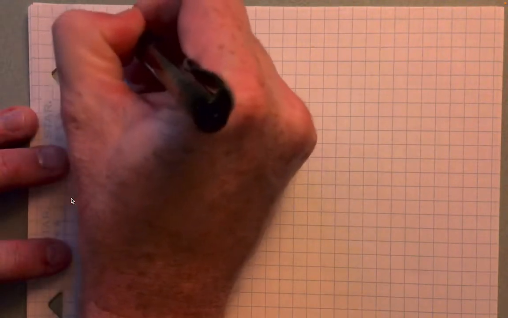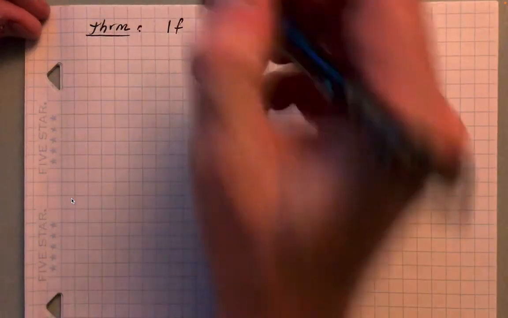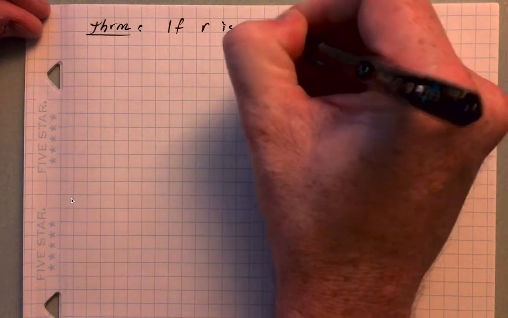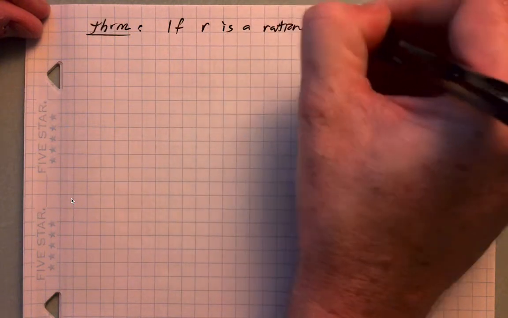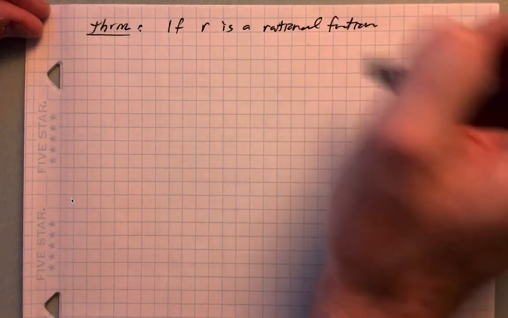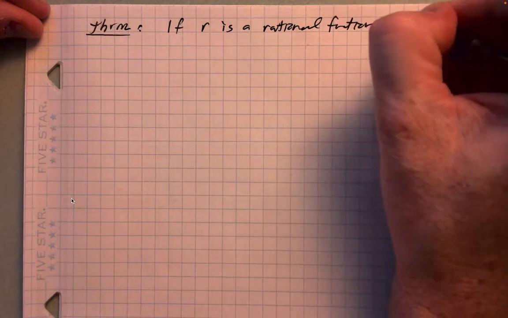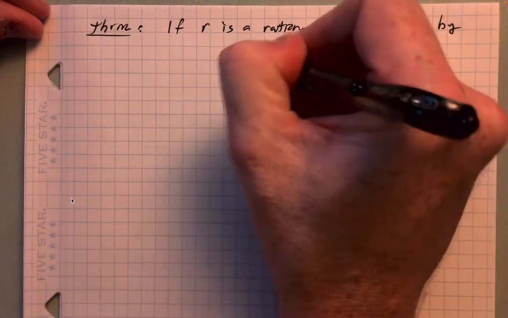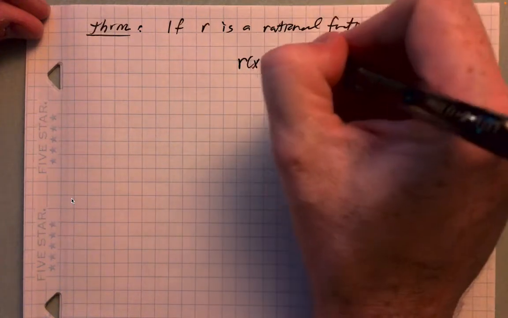be the rational functions. And it turns out that we have a nice theorem for that as well. So if r is a rational function, and maybe we say it's given by r of x equals p of x over q of x.